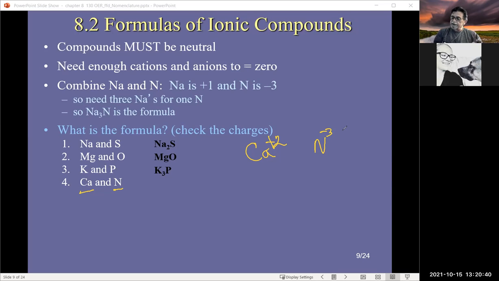In the previous examples, we had a straightforward 1-to-1 or 2-to-1 relationship, so no problem. However, here I've got a +2 and a -3. And the question is, how do I put enough of each so they cancel each other out? Because the numbers don't match up.